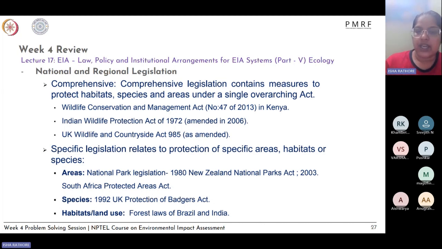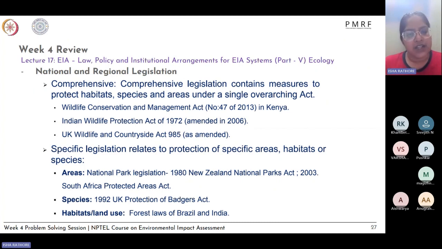So if the act or legislation relates to protection of a particular area, it is an area-specific act. If it relates to protection of particular habitats, it's habitat-specific legislation. If it's related to a particular species, then it's species-specific legislation. If it covers overall general measures to protect, or the larger theme of areas to protect, then it's a comprehensive legislation or act.